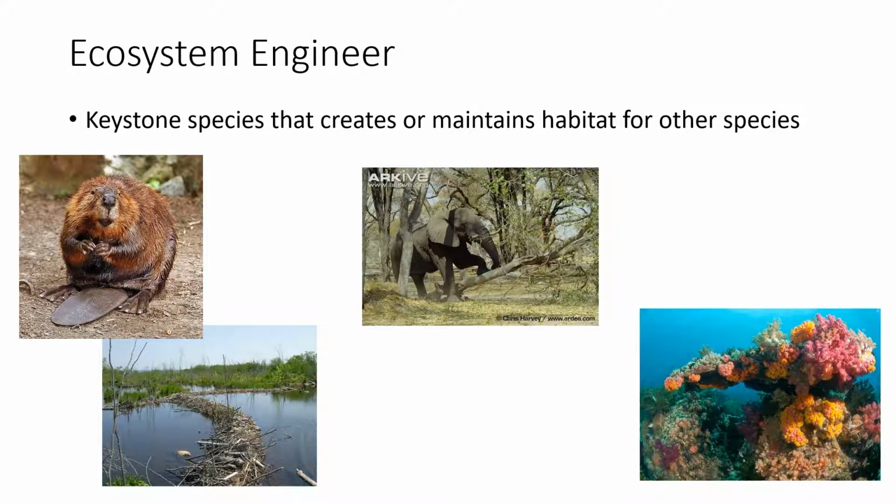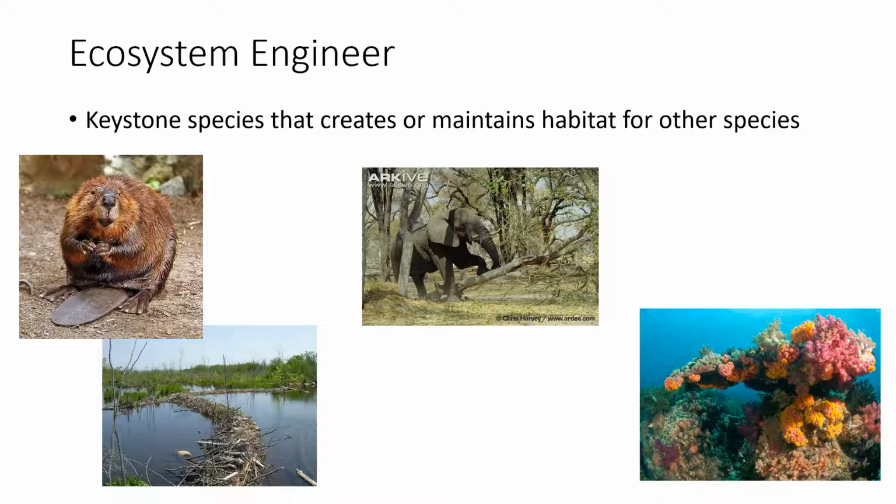Now, some keystone species are ecosystem engineers. Not all keystone species are ecosystem engineers, but all ecosystem engineers are keystone species. Anyway, another cute little guy, the beaver, he makes a dam, and that dam creates the entire ecosystem.